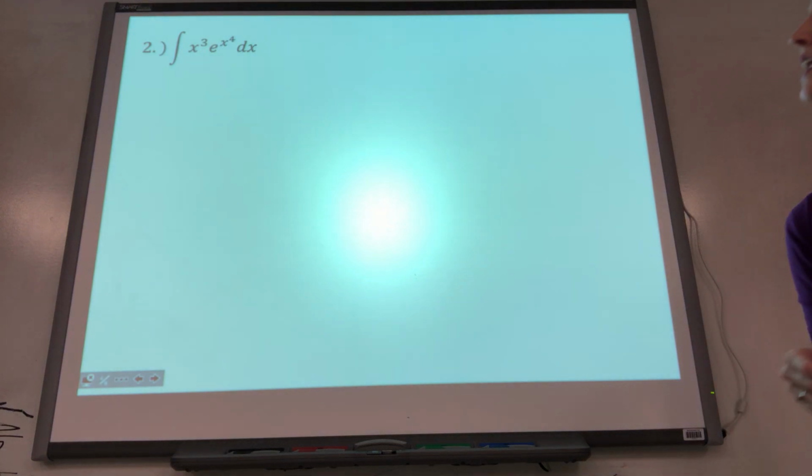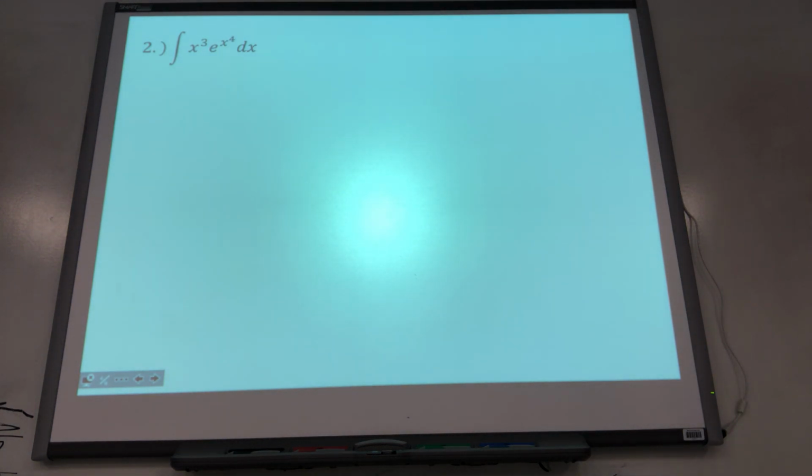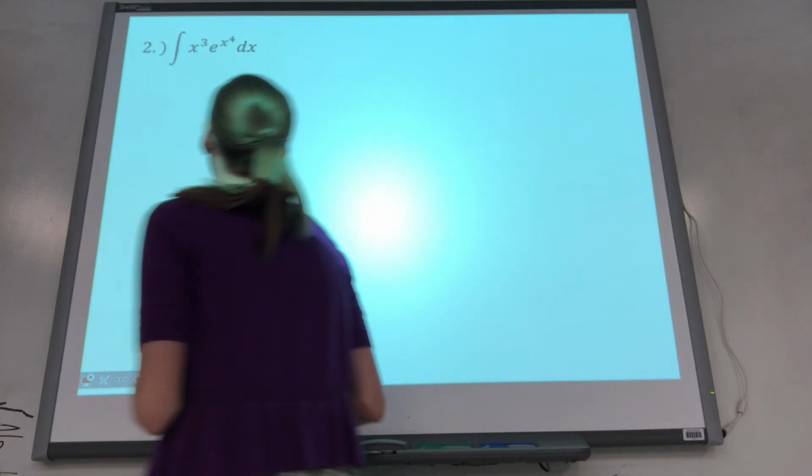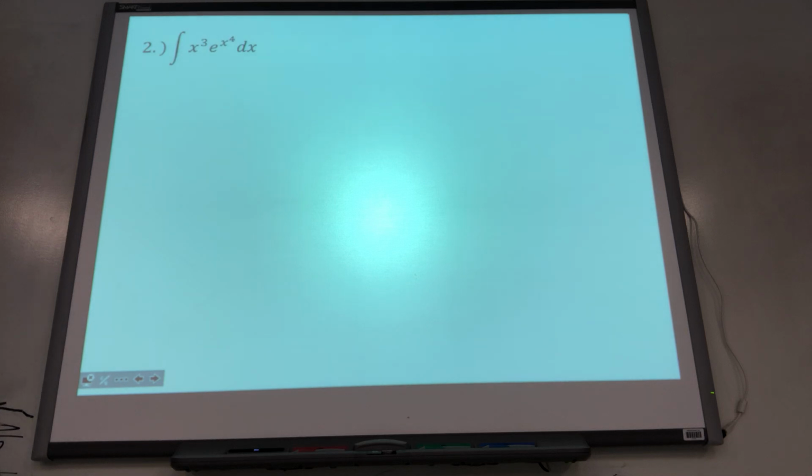Let's try another one. Example 2. We're integrating again, but it says x cubed times e to the x to the 4th power, whoa, dx. X cubed e to the x to the 4th dx.